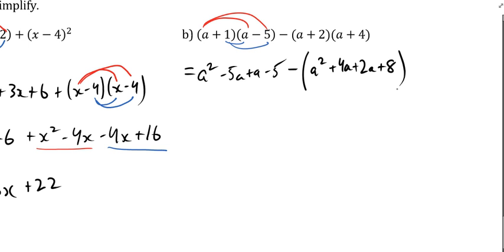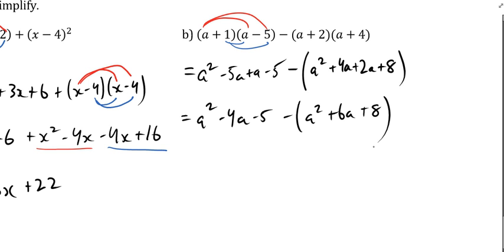And the first part, hopefully you got that right. In this case, I'm going to just collect like terms for each of them individually, so that part's easy. Minus 4a, minus 5, minus bracket. But notice how I still have that minus bracket. That's what I'm talking about. A squared plus 6a plus 8.